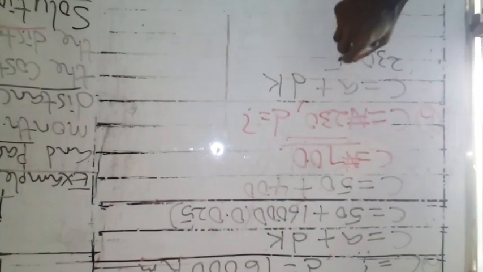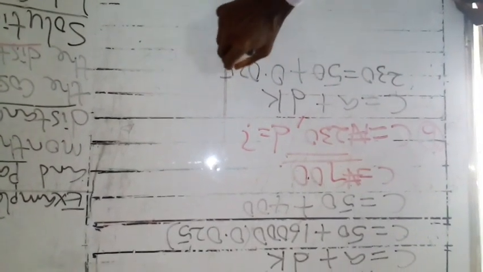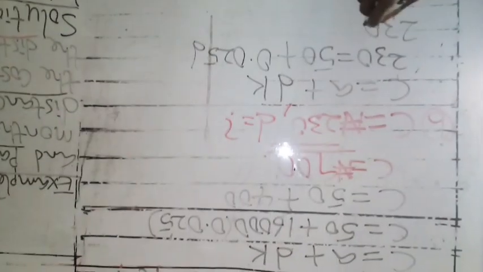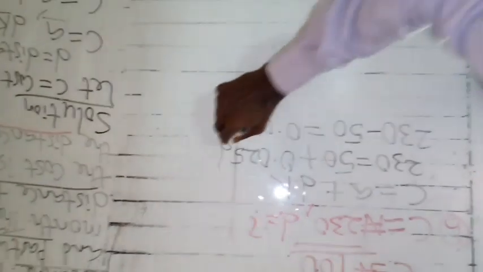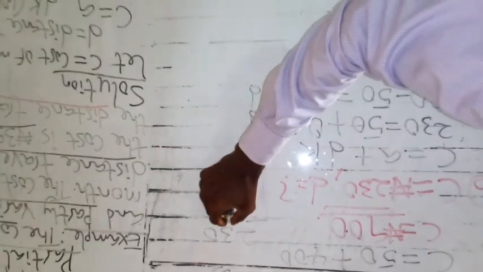Now we are going to have C equals A plus DK. 230, our A is 50, D is what we are looking for, and our K is 0.025D. Now this is going to be 230 minus 50 equals 0.025D. Now 230 minus 50.